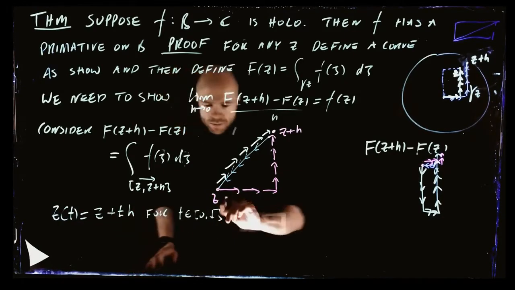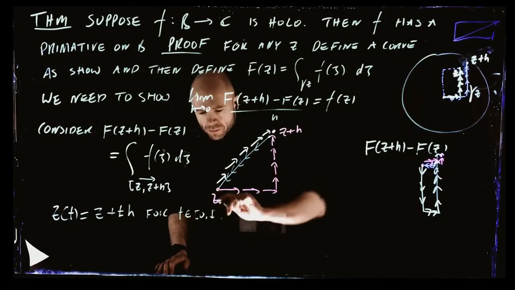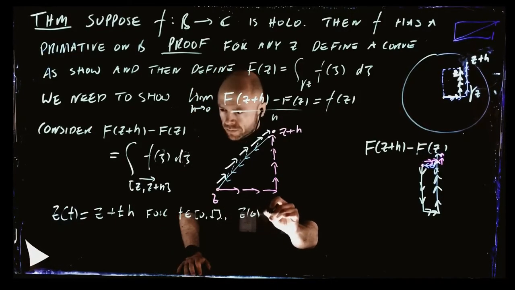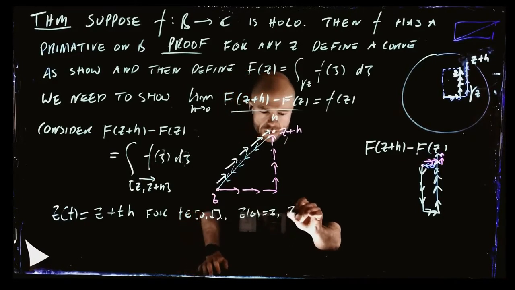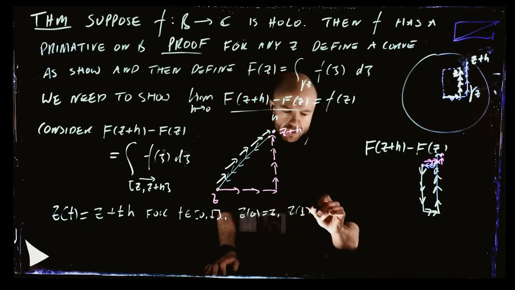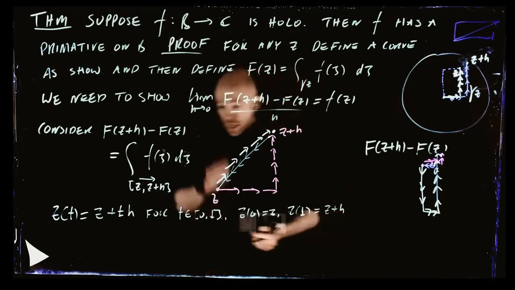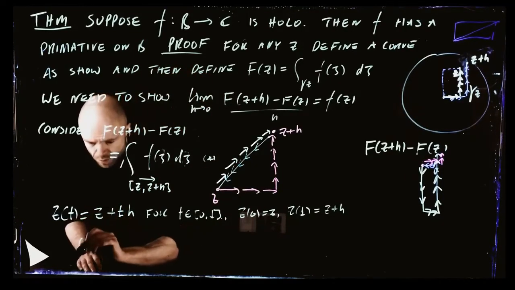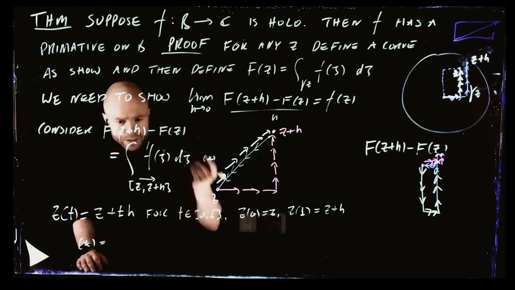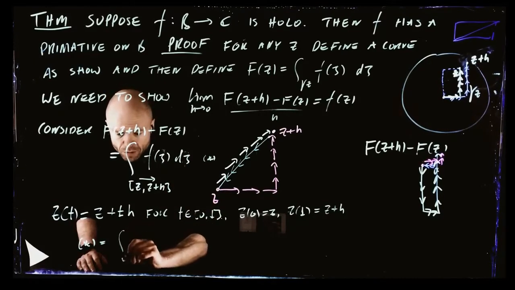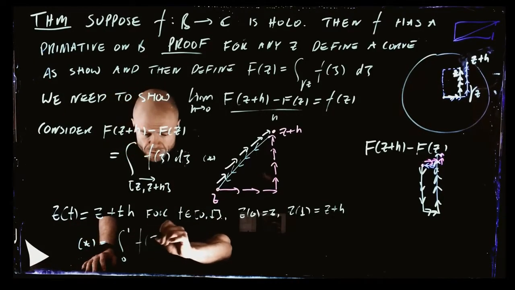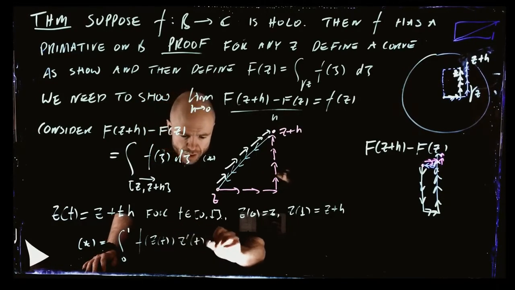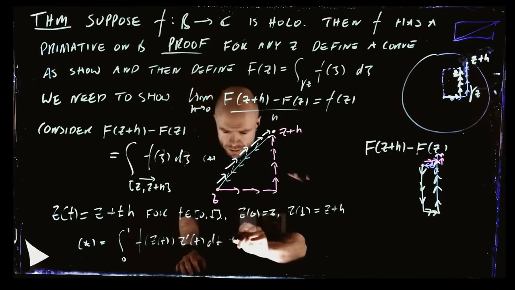So z of 0 is equal to z, and z of 1 is equal to z plus h. And so this thing, let's call this thing star. So star, we're going to write out this parameterization, is equal to the integral from 0 to 1, f of z of t, z prime of t dt, and let's see what that is.